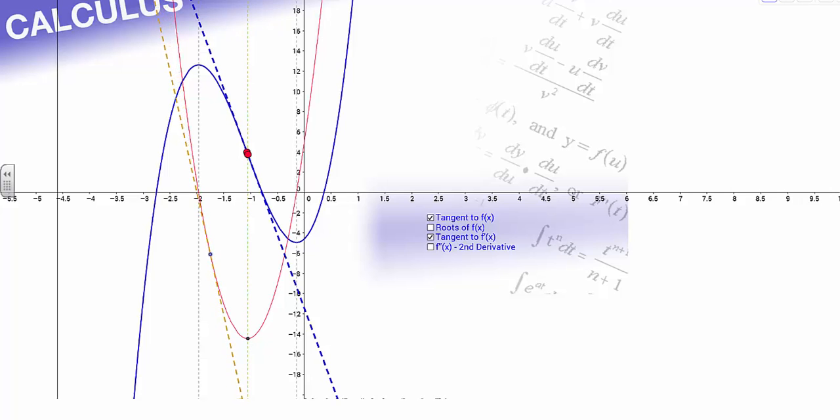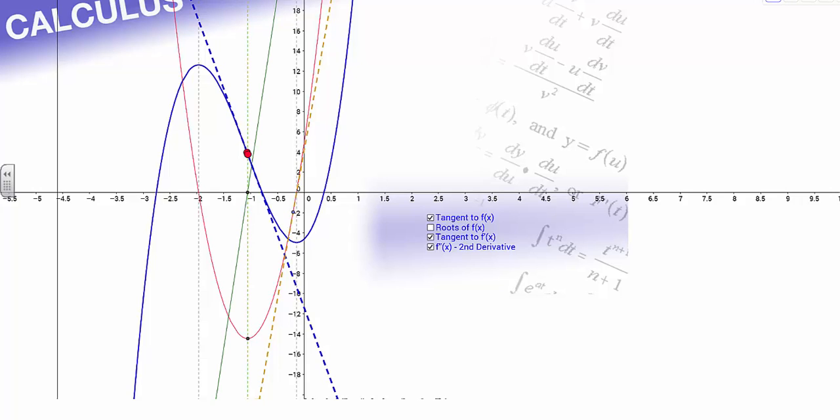The tangent is moving downwards. Negative gradient all the way to this point. And then, at this point, the tangent becomes horizontal. At this magical point, the tangent has gradient 0. And then the tangent has positive gradient.